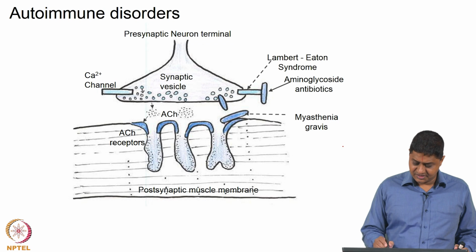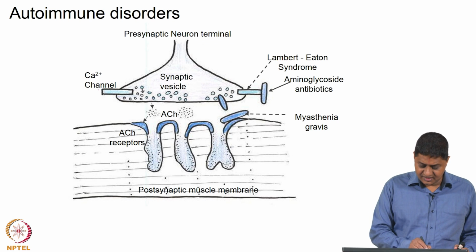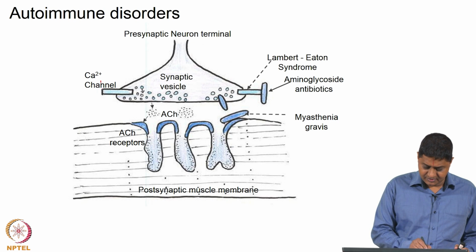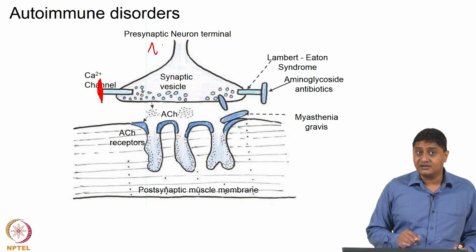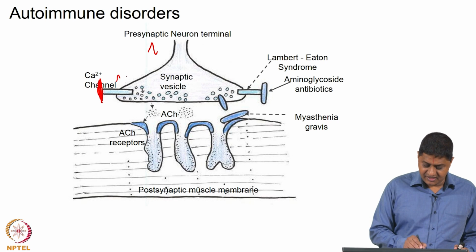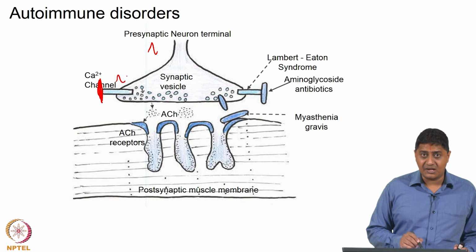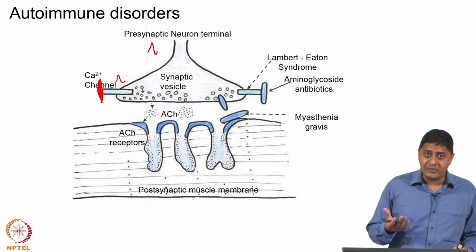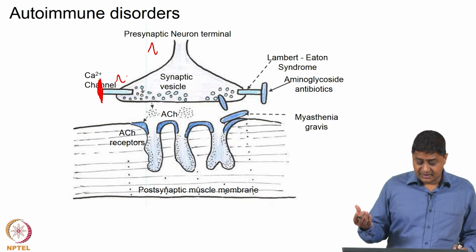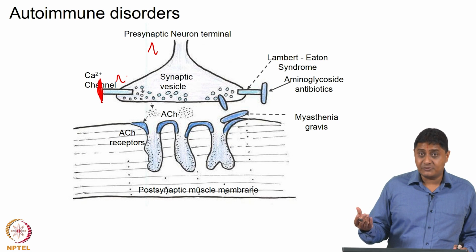When this calcium channel is blocked or its function is reduced, an action potential will happen in the presynaptic neuron and reach the voltage-gated calcium channel, but since the channel is not functioning, it will not open. Since calcium is not entering the cell, synaptotagmin will not sense calcium, so there will be no exocytosis.